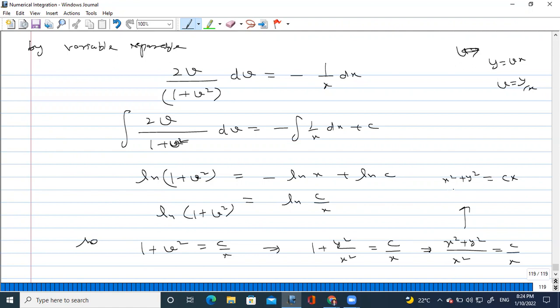And this also I can take on left hand side: x square plus y square minus cx is equal to 0. So this is the equation. This equation I have to further manipulate. So first note down up to here. If only the solution is asked, then it is okay. If you have been asked to plot it, then you have to go further.